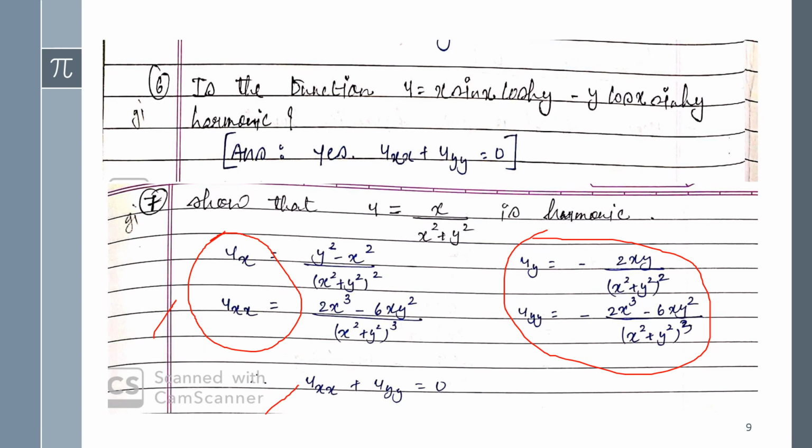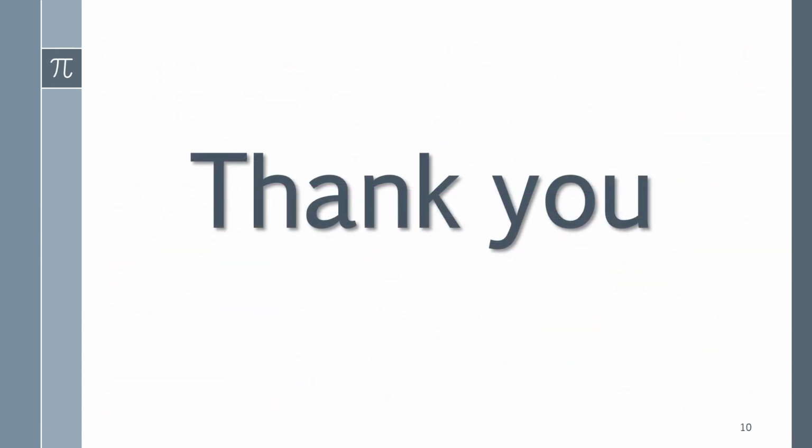For all these functions we need only one component, that is the Laplace equation, for any kind of function, and this also holds for 2 dimensions and for 3 dimensions, but in this semester you are going to study only 2 dimensions. So guys, in the next sessions we will practice some more examples. Till then, please practice all these examples. Thank you guys.